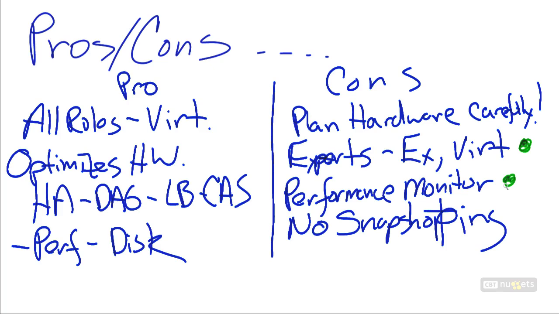We may have some limitations, especially with Exchange, that you may not at first be comfortable with. I've got to tell you, the snapshotting thing is not going to be a big deal because we have high availability. That's what we have it for. But at any rate, what it all comes down to is that most people look at virtualization as one giant pro, simply because of optimizing our hardware and also in management.